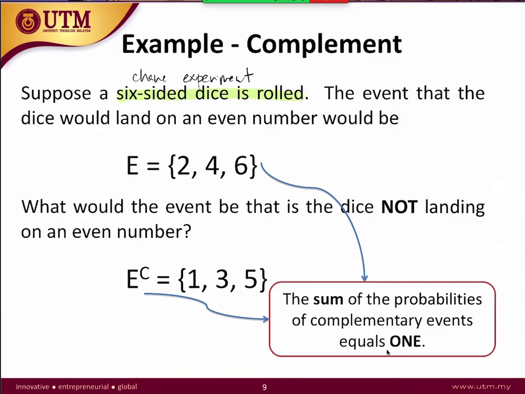In a way, our sample space, which is not shown here, is either 1, 2, 3, 4, 5, 6. We might get it landing on 1, 2, 3, 4, 5, or 6.